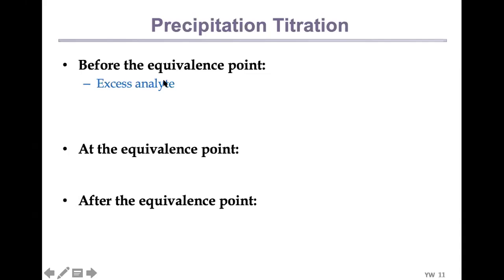So how do you calculate the concentration of the silver ion at different stages of your titration? We can divide them into 3 different stages: before the equivalence point, at the equivalence point, and after the equivalence point, right? Before the equivalence point, we don't have enough titrant added, so you will have excess analyte in your solution. And to be able to calculate the titrant, silver ion, you will have to calculate the analyte first. Now you might be asking, since we don't add enough titrant like the silver ion, how can you still have silver ion in the solution?